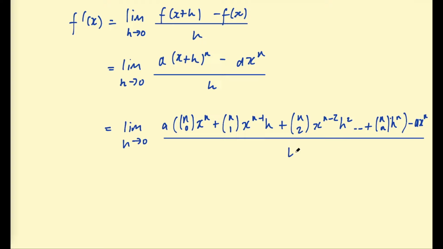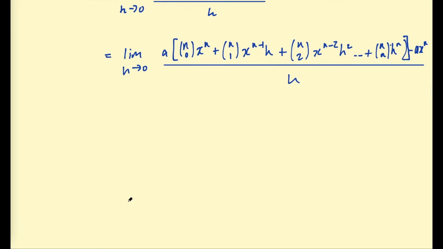Okay, so now what's going to happen? All of that is multiplied by a, actually, so let's do some square brackets there. All right. Okay, so this first term is just going to be x to the n. So basically what we're going to find is that everything's going to cancel out or disappear as h approaches 0. But let's evaluate these first few terms.